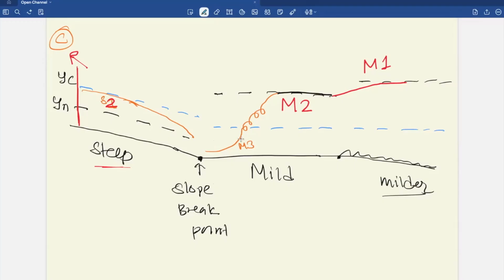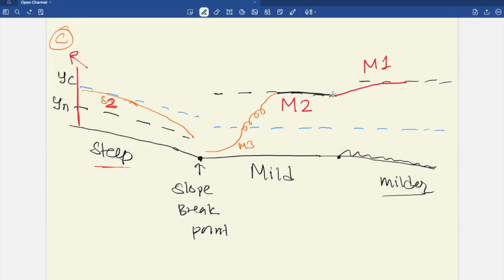And there will be a hydraulic jump, as the water can't cross this yc smoothly, so there should be some jump, and we also observed that in our lab as well. After the jump, water is subcritical, which is between yc and yn, and depth gradually increases toward normal depth going downstream.